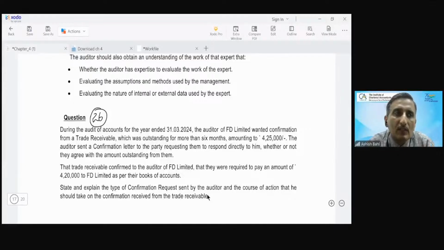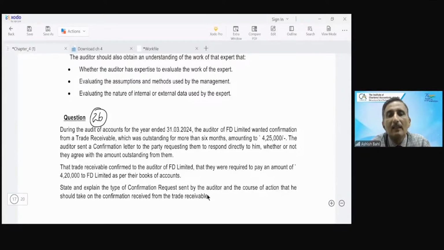The amount was outstanding for more than 6 months. The auditor sent a confirmation letter to the party requesting him to respond directly to him, whether or not they agree with the amount. So the request is saying that please respond even if you disagree with us, whether you agree or not. If you agree, even then respond. If you disagree, even then respond.